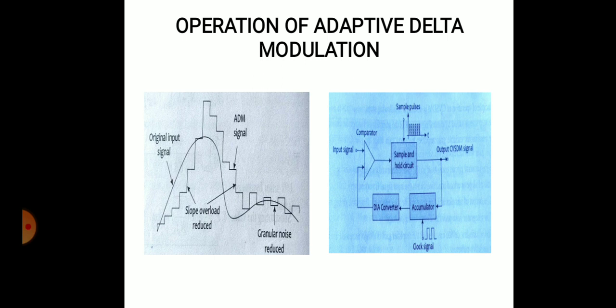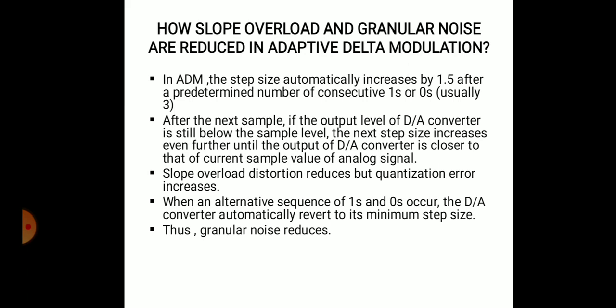Of course, the receiver must be able to adapt the step size in exactly the same manner as the transmitter. And in this process, we can reduce the slope overload distortions, and we can reduce the granular noise also. So how can we reduce this?